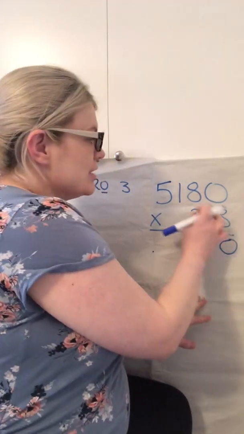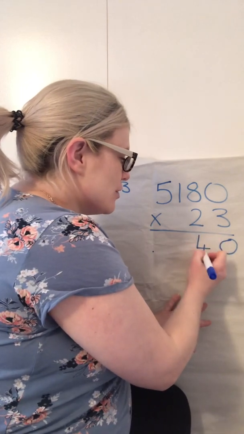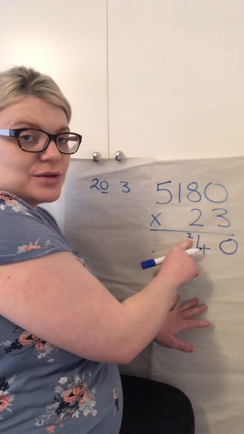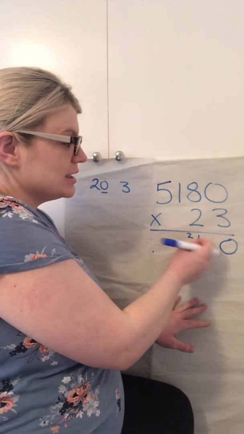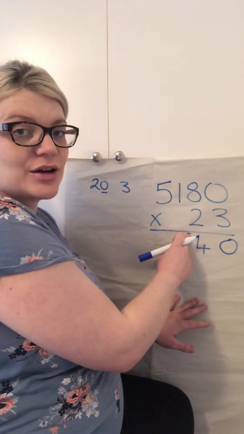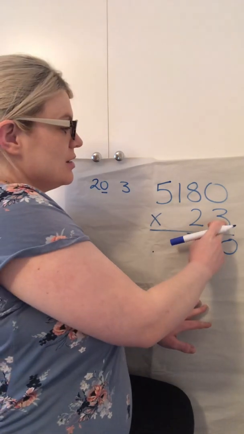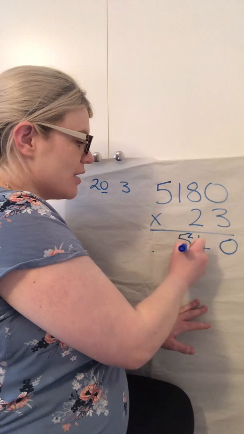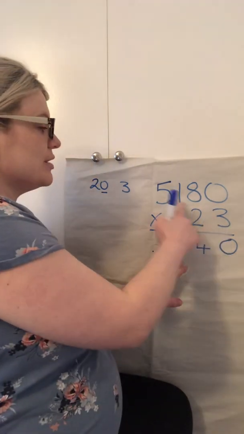Okay, 3 times 8 is 24. It also doesn't matter where you put your little exchange, okay? Just put it somewhere nice and small so that you don't forget to add it on in the next step. 3 times 1 is 3. Add my 2, 5.